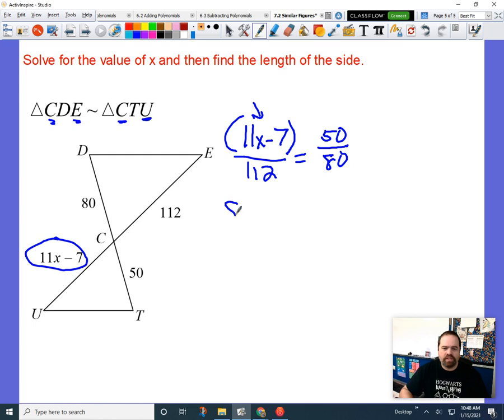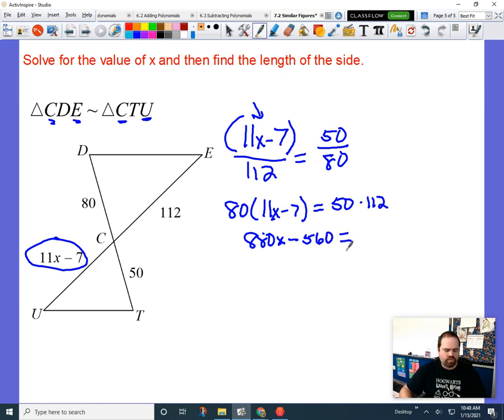So what you're actually doing is taking 80 times 11x minus 7, and then over here 50 times 112. All right, so that's 880x minus 560 equals 5,600.